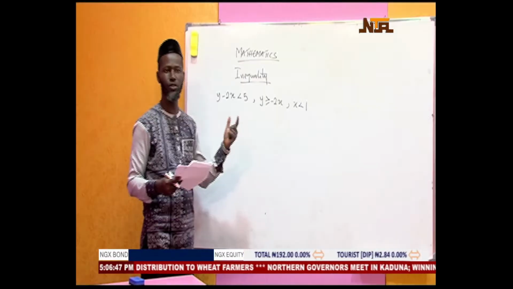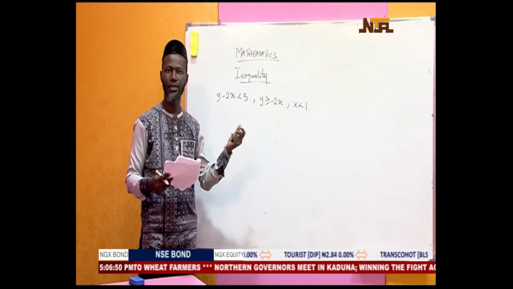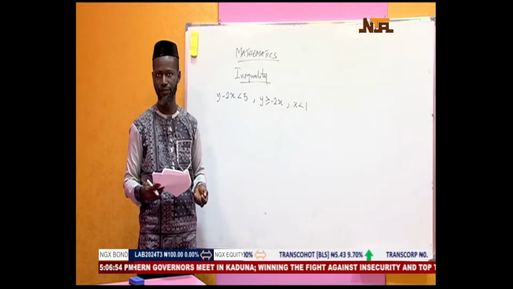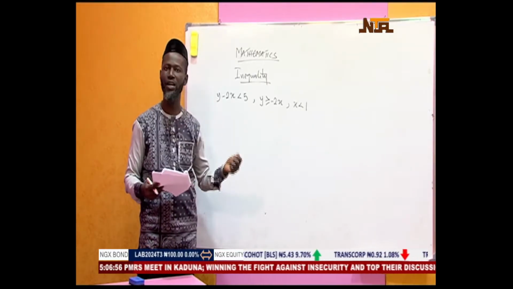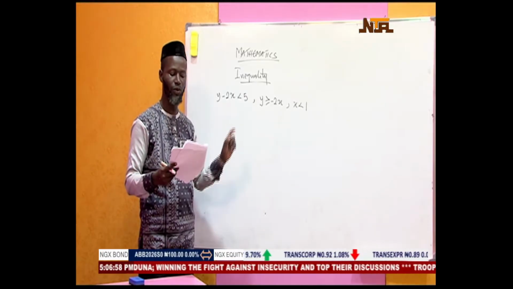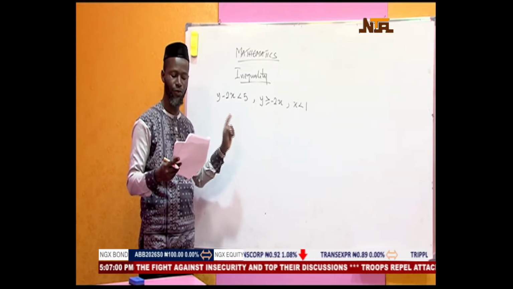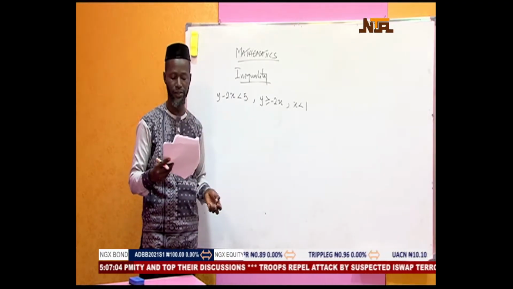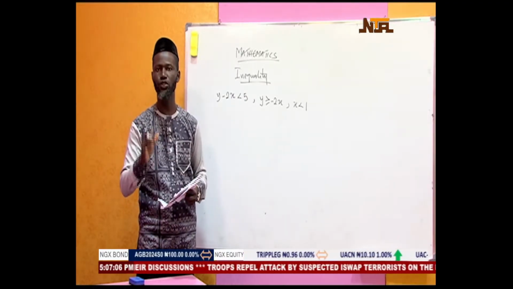These are simultaneous inequalities to be represented on a graph. So that means I want to solve this graphically. That is why the question reads, illustrate graphically and shade the region in which these given inequalities are simultaneously true.